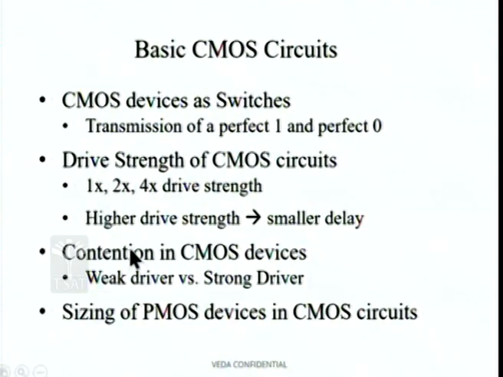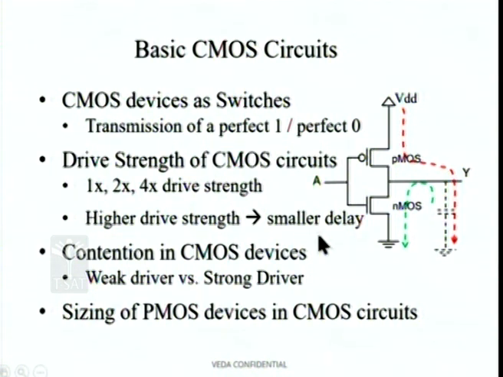We have seen this. Now let's look at this particular transistor here, this inverter over here. When I say higher drive strength implies a smaller delay, an explanation through this figure is possibly a better way of explaining it. Look at this.